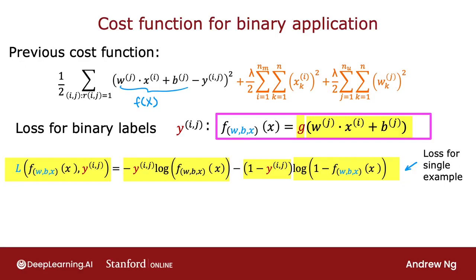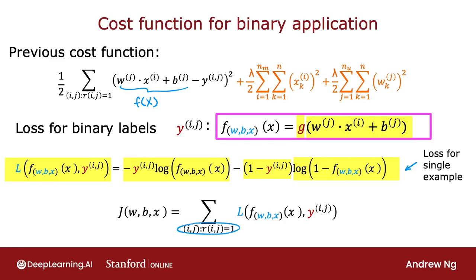And so, to adapt this to the collaborative filtering setting, let me write out the cost function, which is now a function of all the parameters w and b, as well as all the parameters x, which are the features of the individual movies or items. We now need to sum over all the pairs ij where rij is equal to 1. Notice this is just similar to the summation up on top.